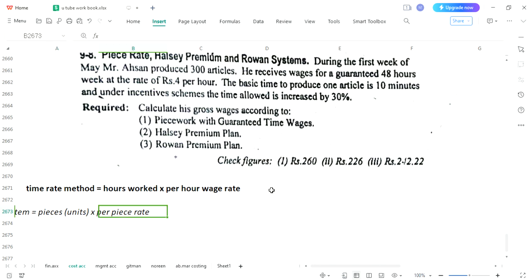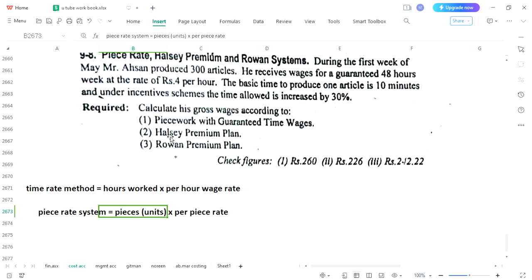and let's see what else is given in our question. Hopefully you have in your mind that with these systems, time rate method and piece rate system, some organizations will pay according to the hours worked, and some organizations will pay according to the number of pieces they have made.